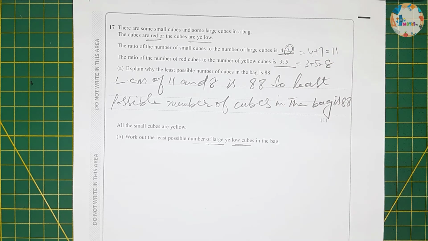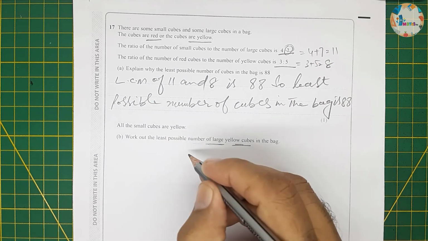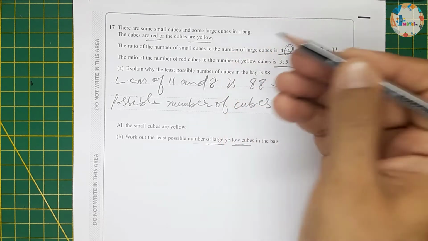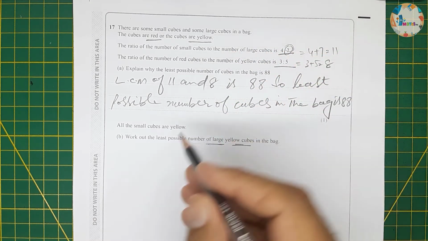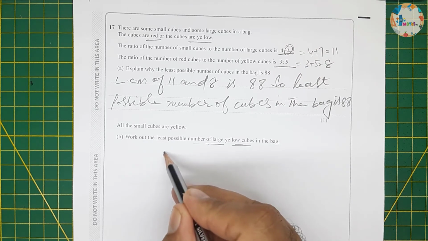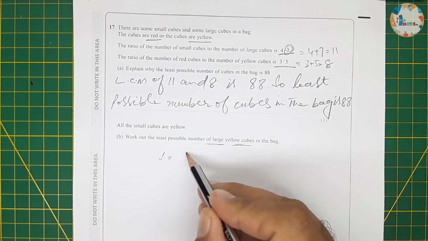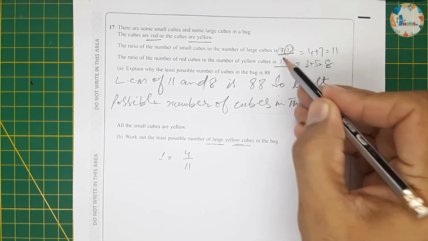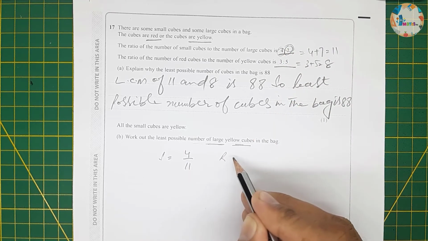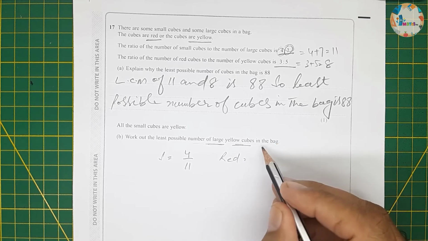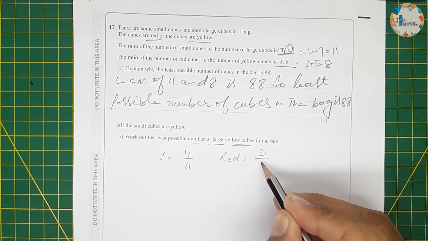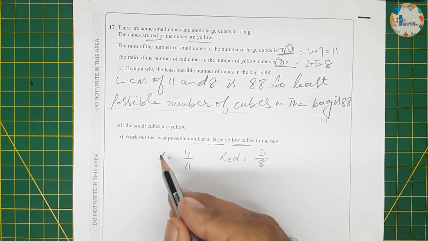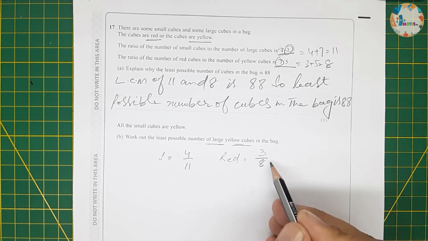We need the rest of the probability, so we'll take the small and red and subtract from 1. Small will be 4 by 11, and red will be 3 by 8, so 3 over the sum of ratios, which is 8.